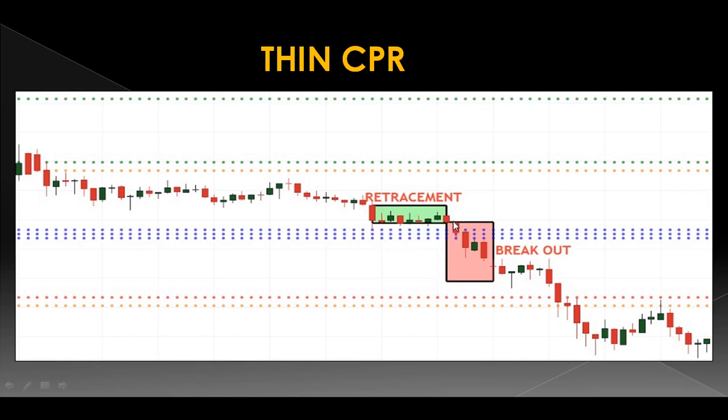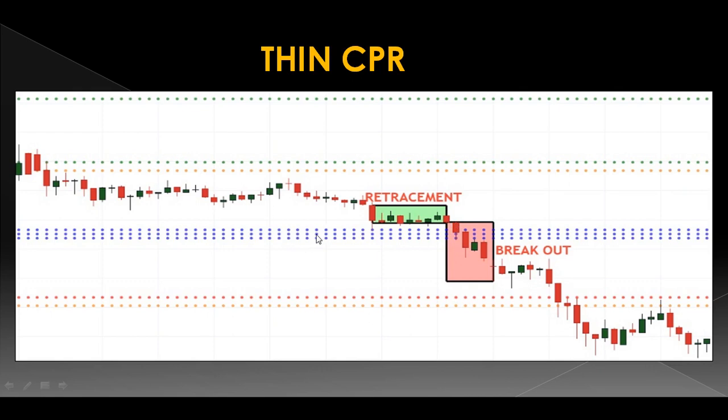That is what happened, and the trend continued. Scenario number two, after the retracement, the candles may take this thin CPR as support and the trend may reverse. It may go upside. This is how thin CPR behaves.